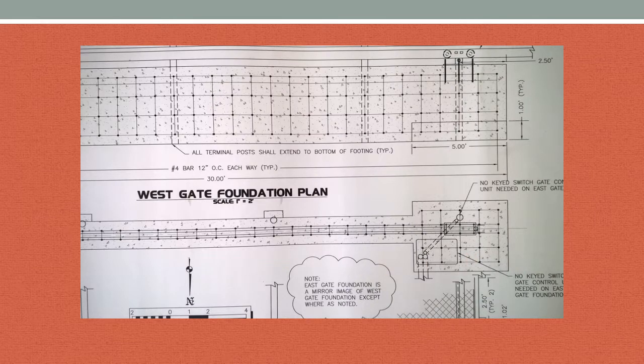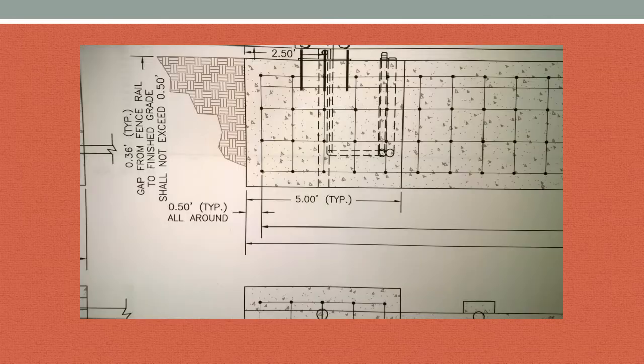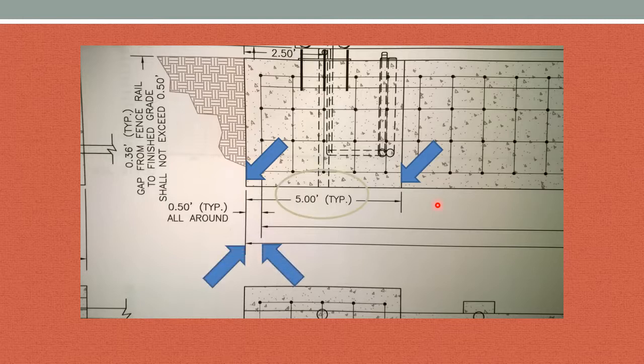Here's another example. 1 inch equals 2 feet. So here's my 5-foot typical from here to here. From these 2 points is 0.5 or half a foot. So what would this distance be? If this is 5 and this is a half, this should be 4.5 feet.